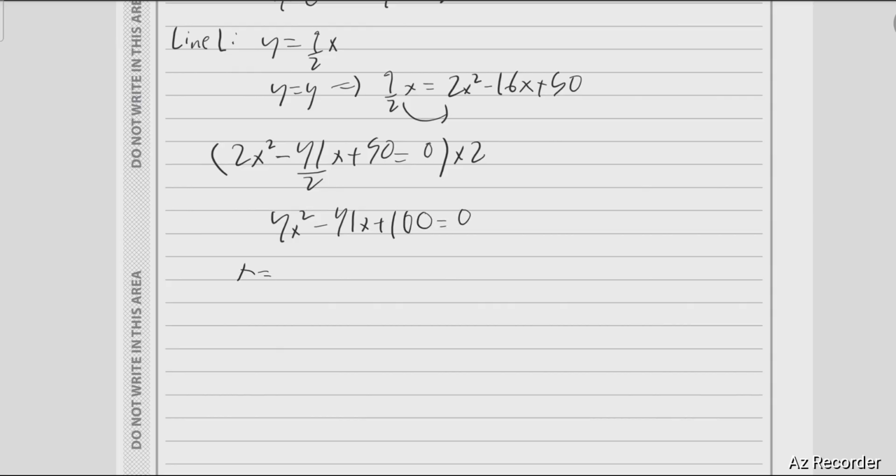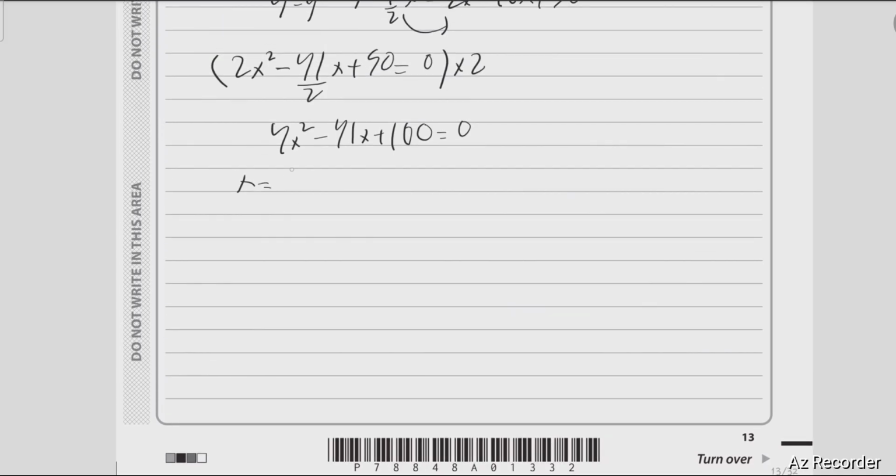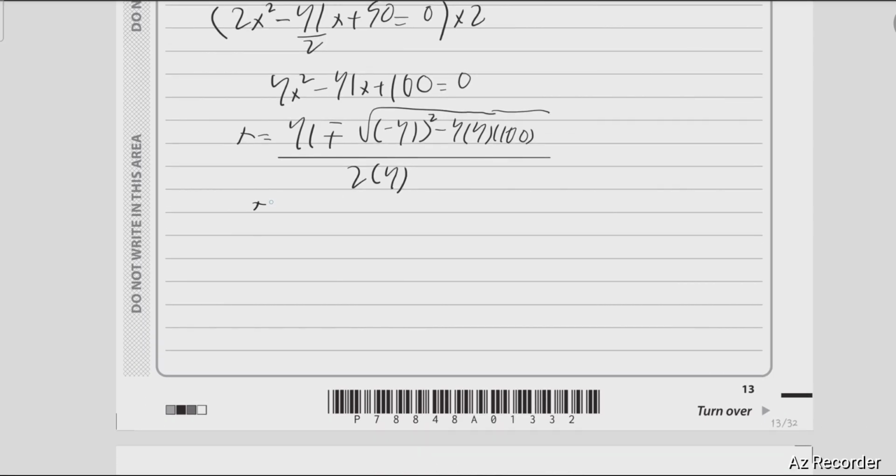x equals, we use the quadratic formula. 41 plus or minus square root of negative 41 squared minus 4 times 4 times 100, over 2 times 4. x equals 41 plus or minus square root of, now I'm going to use the calculator, 81 over 8.